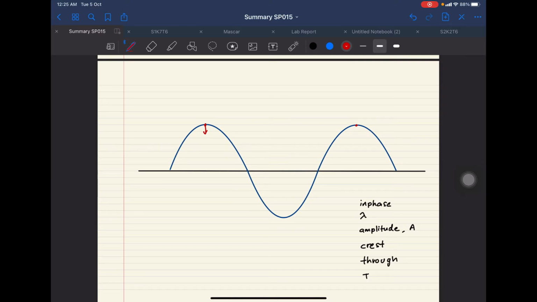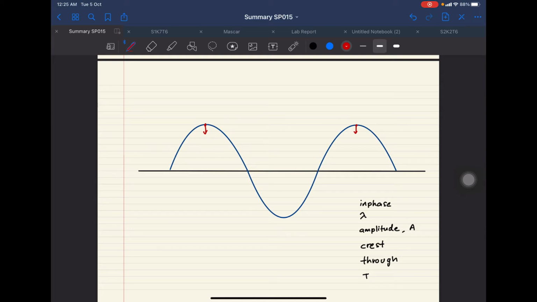In the same case, over here you have a particle at that particular position in the y component, and at the same time it tries to move downwards. So these two positions are what we call in phase.